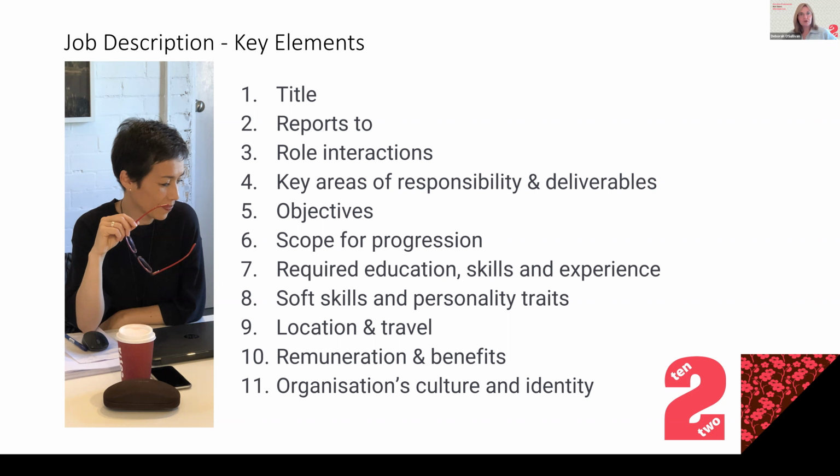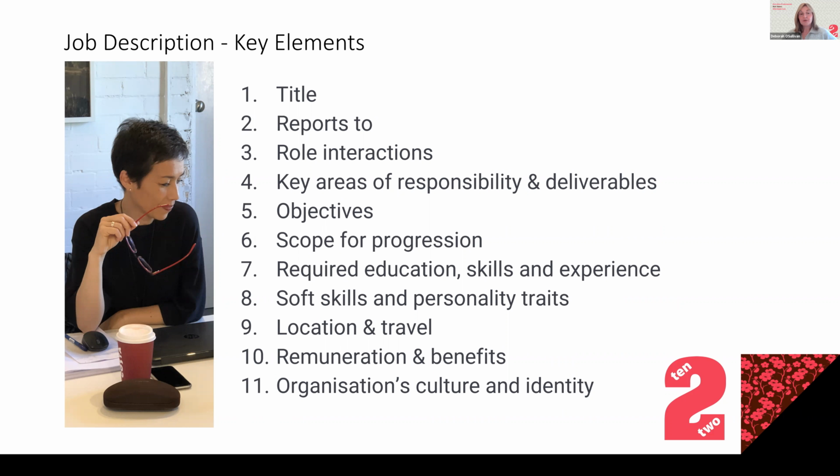The chunkiest part of your job description is going to be key areas of responsibilities and deliverables, along with objectives. So that's, what is this job delivering? What's important? And often I would prioritize that if you can. Is there scope for progression? We don't often see that on job descriptions, but in an ideal world, you would try and put something in there.